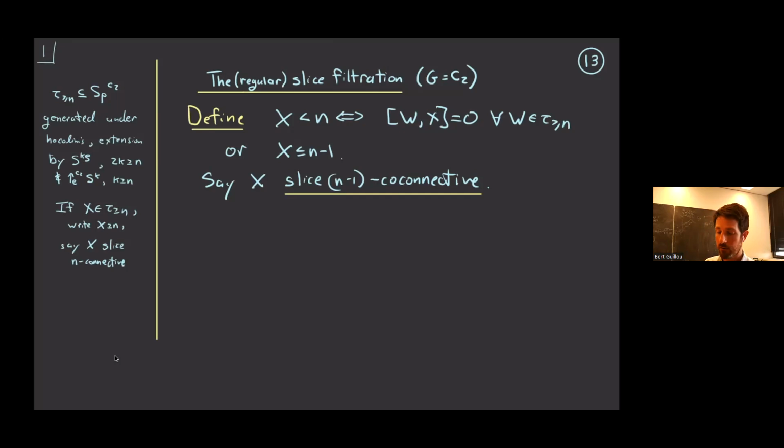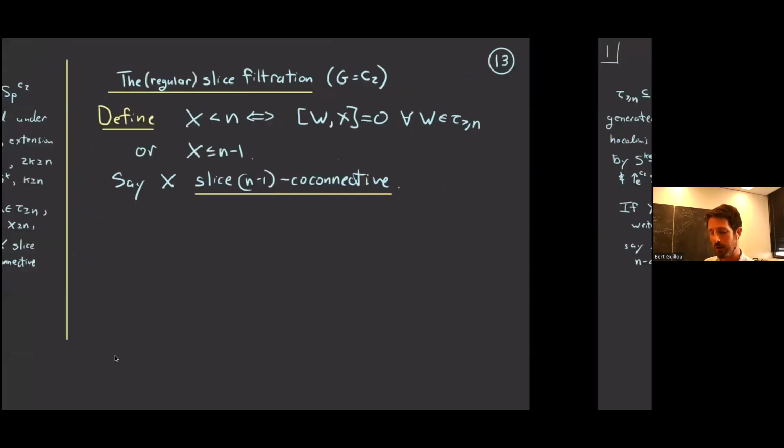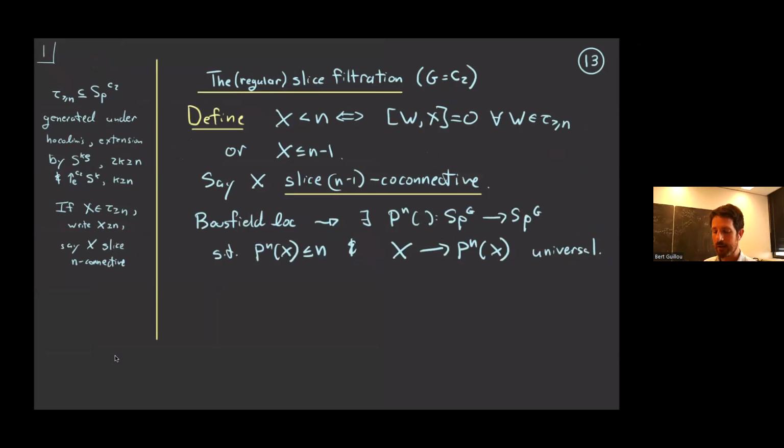Now we know what at least N means and what less than N means, so let's actually produce our filtration. The idea is that we can just use the general machinery of Bousfield localization. We know what it means to be less than or equal to N, and you can use the general machinery to produce a truncation functor, P upper N, which takes in a G spectrum and spits out a G spectrum.